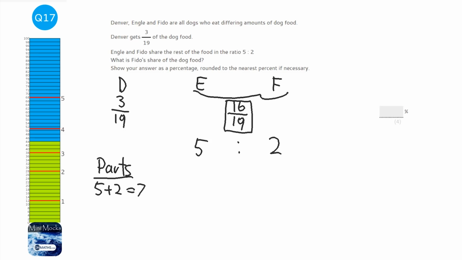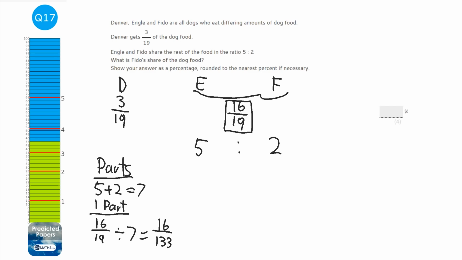So there's 7 parts altogether. One part is going to be worth, as a fraction, 16/19 divided by 7. So 16/19 on the calculator divided by 7 gives us 16/133. So that's the fraction of each part.